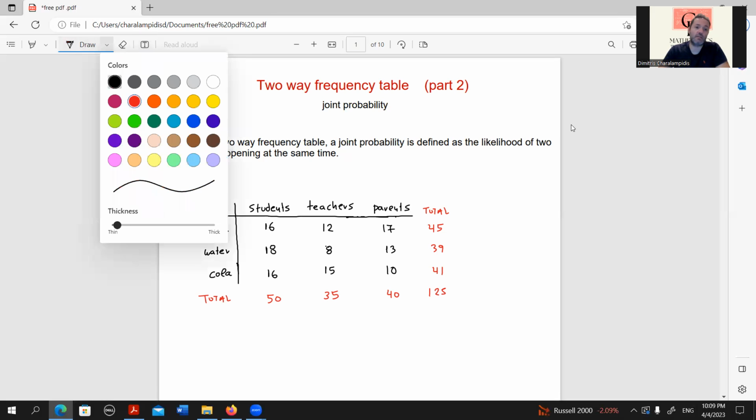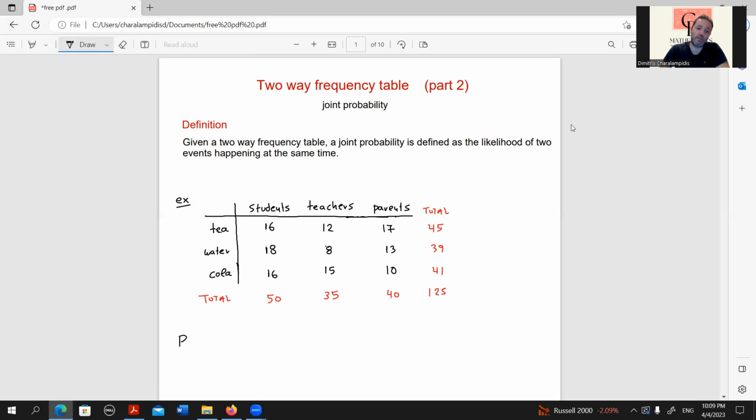We will be asked to calculate the probability of a randomly selected person to be a student, let's say, and preferring tea. We know that the probability of an event is defined as the quotient of the number of times that satisfy this event over the total number of outcomes.